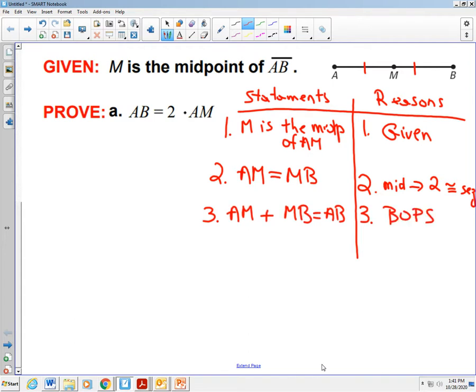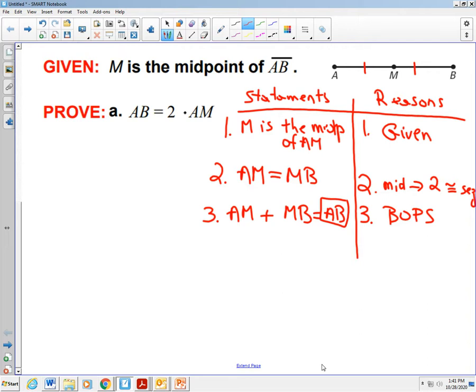Okay? Now, please look at step number 2, and please look at step number 3. What can you do? Can you somehow substitute something? Okay? Your goal is to have AB is equal to 2 times AN. Okay?